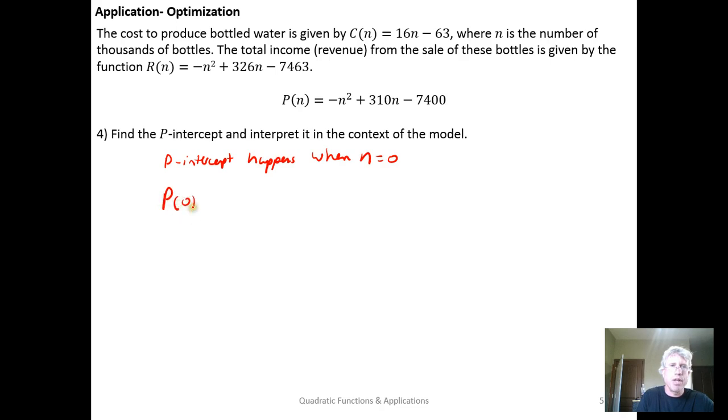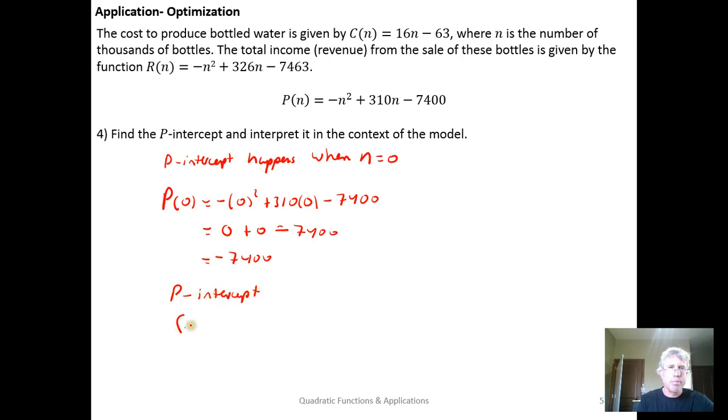The profit when we sell nothing is equal to negative 0 squared plus 310 times 0 minus 7,400, which is just going to give us 0 plus 0 minus 7,400, or just negative 7,400. So the p-intercept is the ordered pair given by 0 bottles produced and sold, corresponds to a profit of negative $7,400.